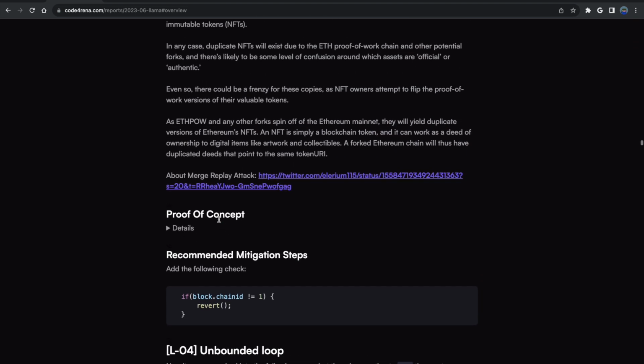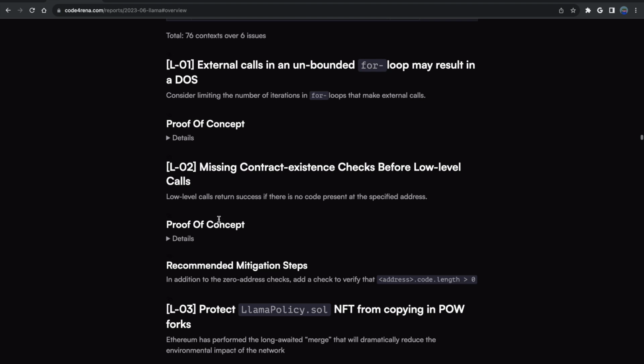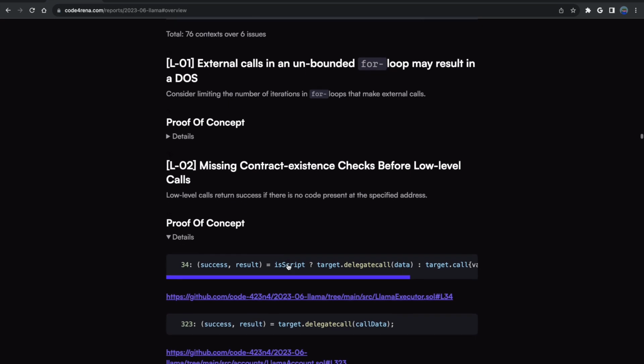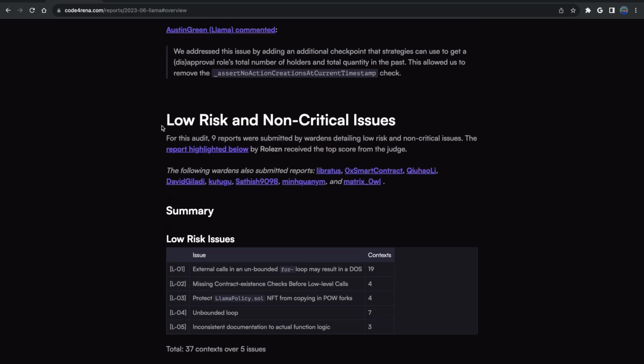It's a low. A missing contract existence check before low-level calls. That's a low. So you can see where these low-risk and non-critical issues are a great place for you to start if you are having issues understanding what's going on.